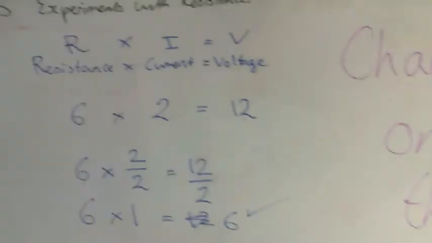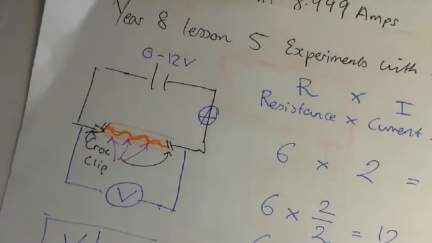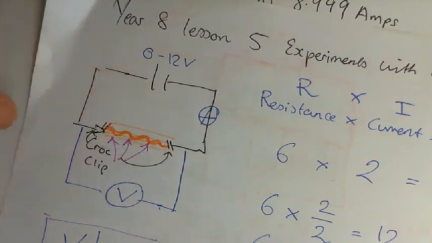Keep the rest the same. Either change the voltage, or change the length, or change the thickness, or change the number of wires. Don't change more than one thing at once. If you do that, you don't know which factor it was that had the effect.